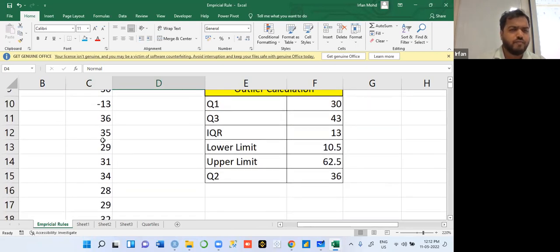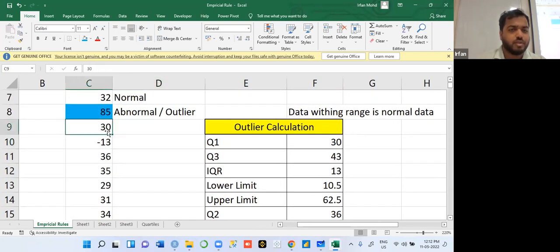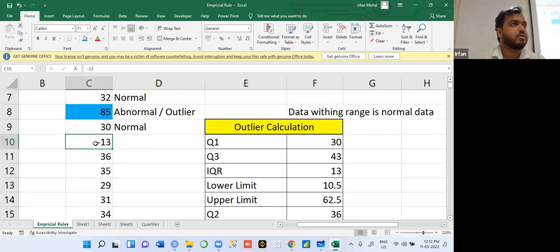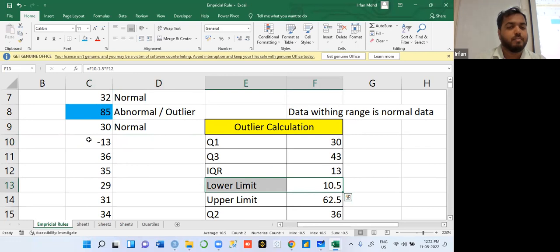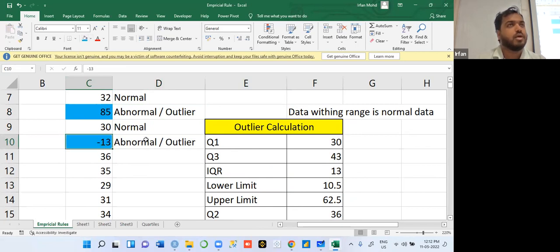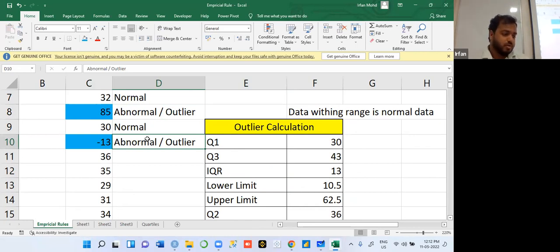Easy. Same way we will go and check for everyone. For this one, what happened? This is normal. Minus 13. What is the lower limit? 10. Minus 13 is less than 10. We call this outliers. Clear? Any question on this? No questions?